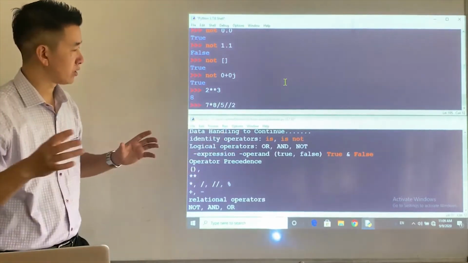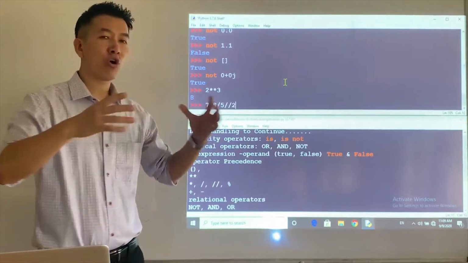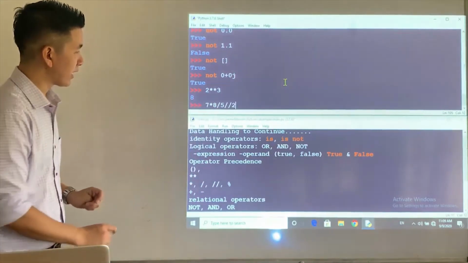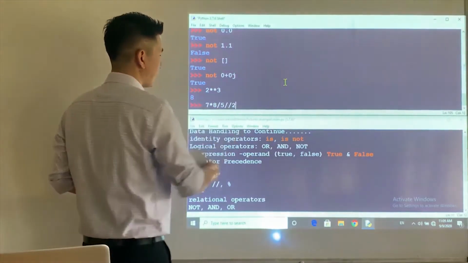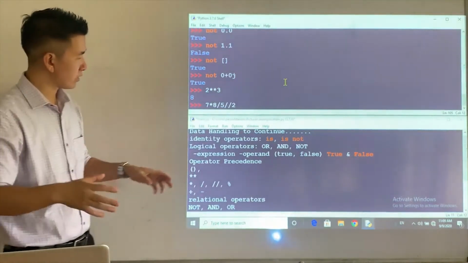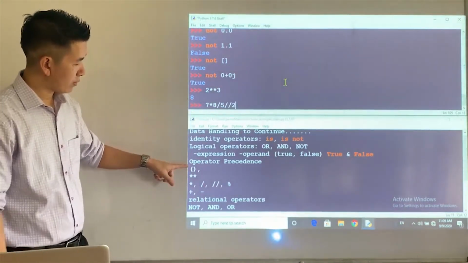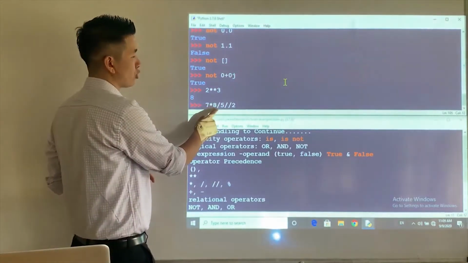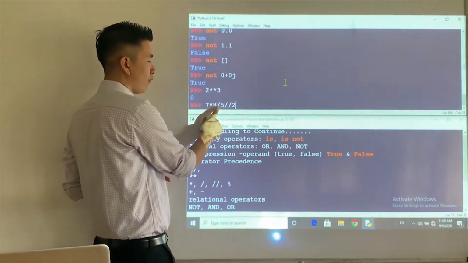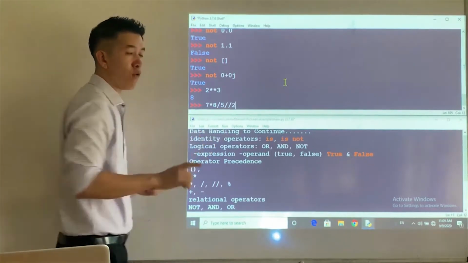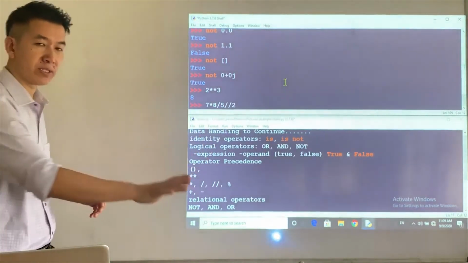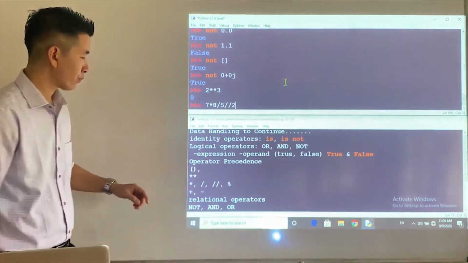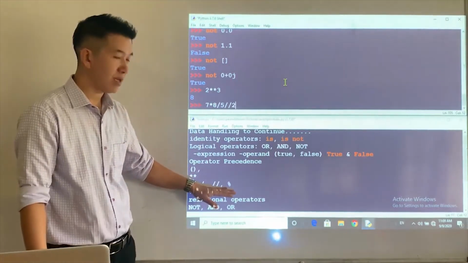Those are the more complicated ones. Now let's say I have something like this. You have the bracket, exponentiation, and then the multiplication, the float division operator, and the floor division operator. Floor means the lower integer value. But they all come on the same level.